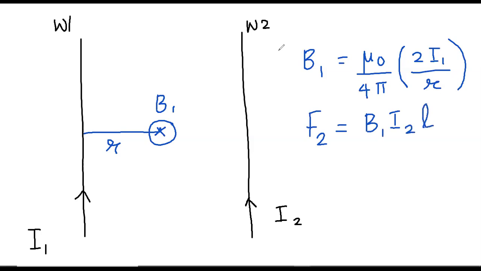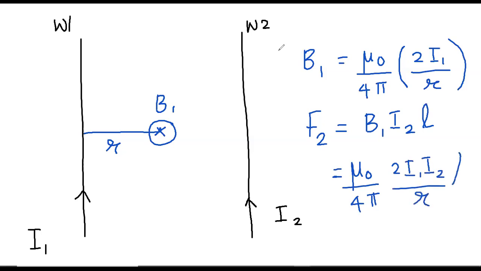Let us assume that the length of both the wires is equal to L. So F2 becomes equal to B1 into I2 into L, because for the second wire the external magnetic field is B1 and the current is I2. So what are we going to write B1 as? B1 is nothing but mu naught by 4 pi 2 I1, so if I multiply it by I2, it becomes mu naught by 4 pi 2 I1 I2 by R times L. This becomes the force that is going to be experienced by the second wire.